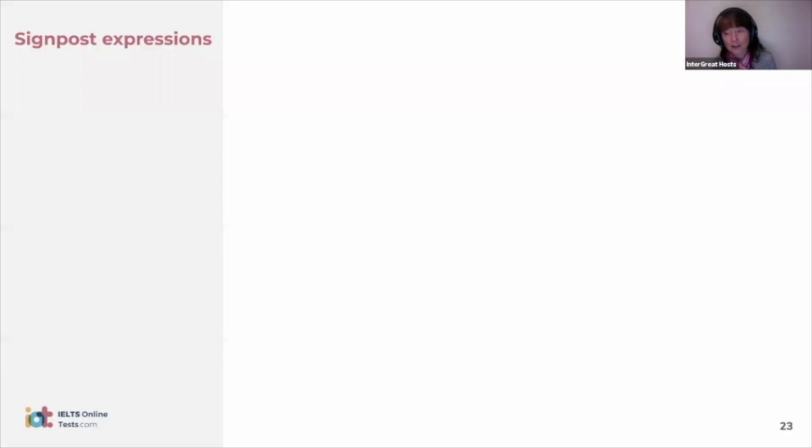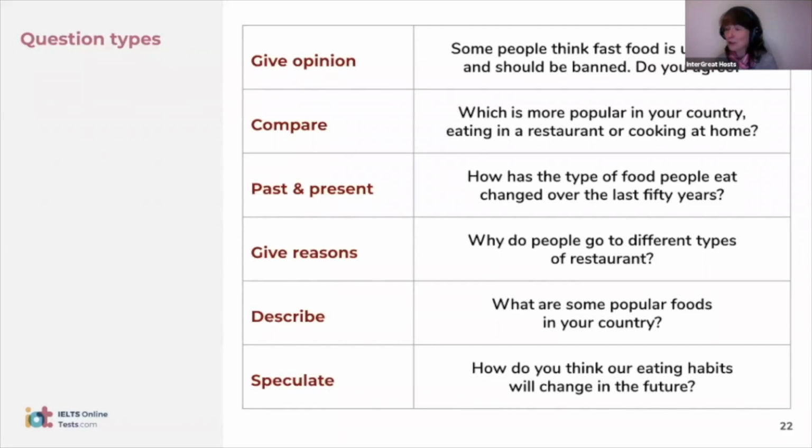So remember, it's not just fluency. People do focus a lot on fluency, but it is also coherence. So you won't get a good mark if your answer is not clear. If it's not logical and easy to follow, you're going to lose a lot of marks in fluency and coherence.